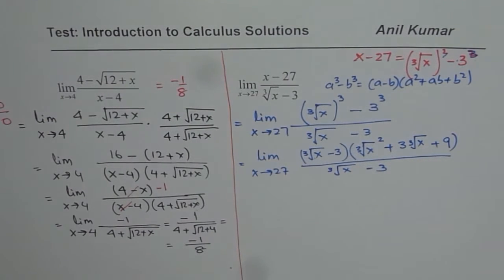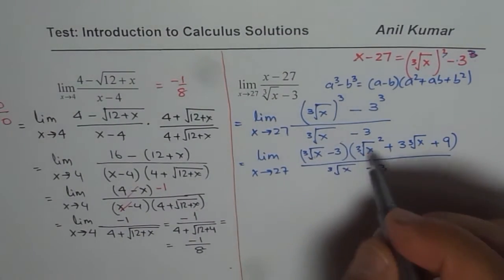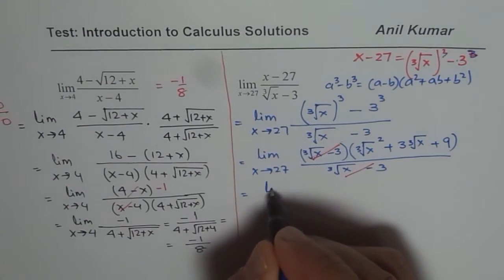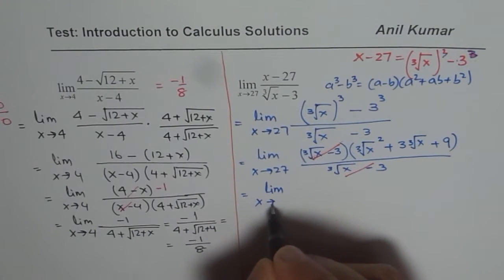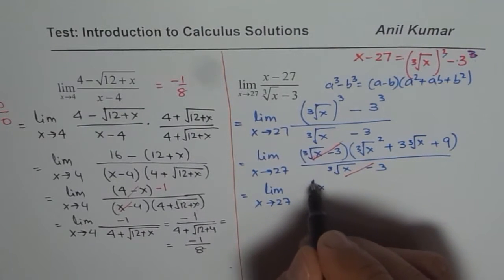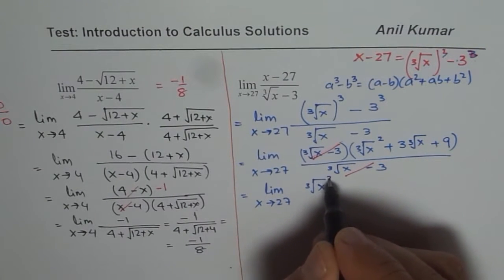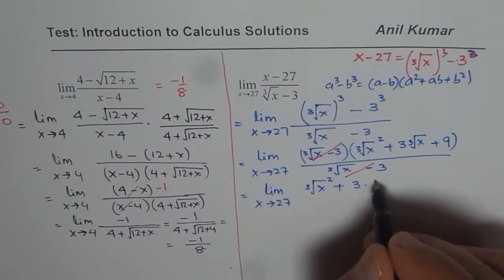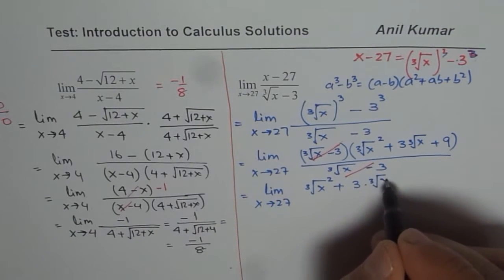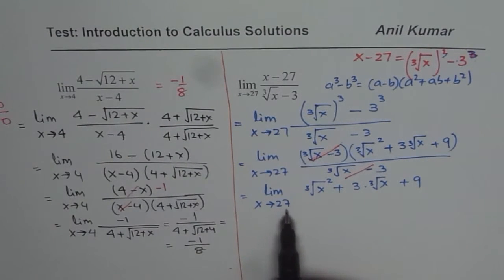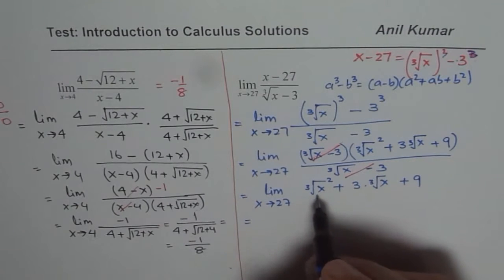Now as you can see, the factor cube root of x minus 3 cancels off, correct? So what we get here is limit x approaches 27 of cube root of x whole square plus 3 times cube root of x plus 9. At this stage you can substitute 27.